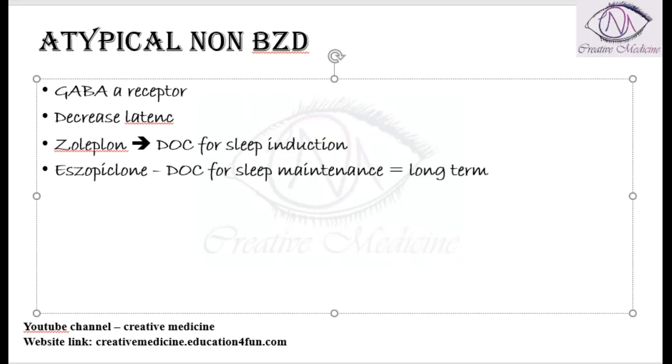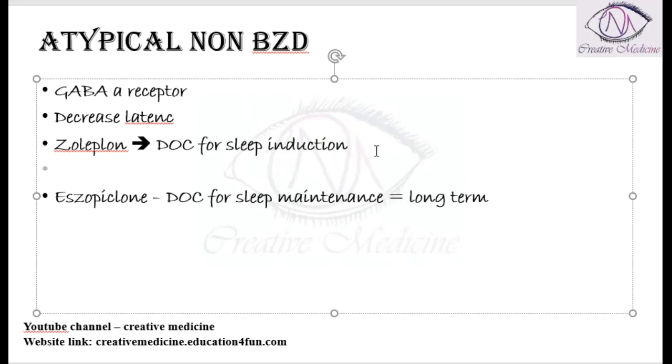So zolpidem and zaleplon will decrease the latency of sleep onset, and they have little effect on total time of the sleep. So zolpidem will mainly decrease the latency of the sleep onset, and it has very less effect on the total time, whereas eszopiclone will increase the total sleep time.